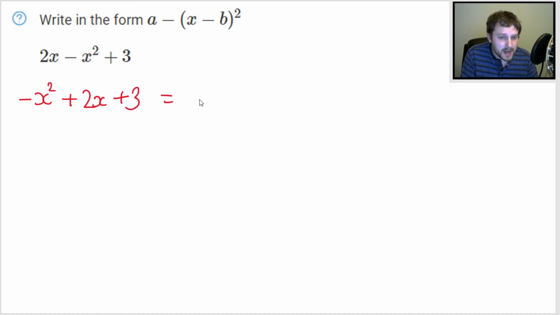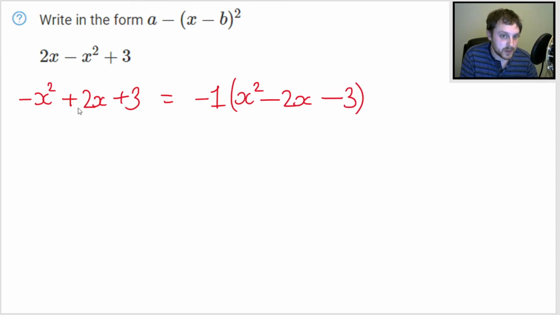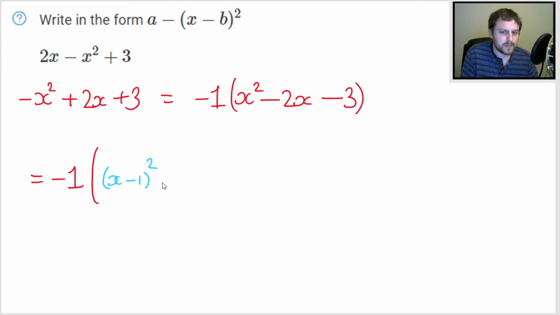We're going to take a minus out, so it's minus 1 lots of x squared minus 2x minus 3, because minus times the minus gives the plus, equals minus 1, and then I complete the square. So x minus 1 all squared, don't forget about the minus 3, and then minus 1 squared is 1, so take away 1.